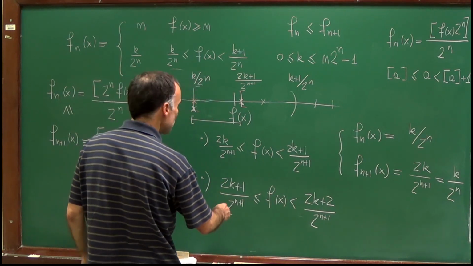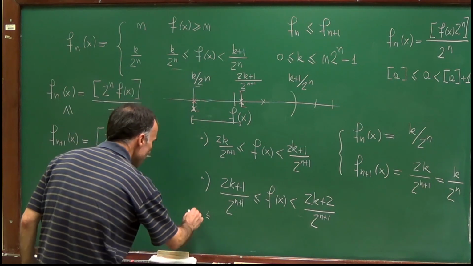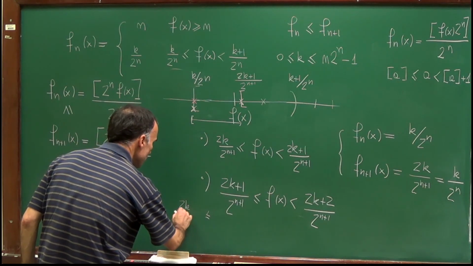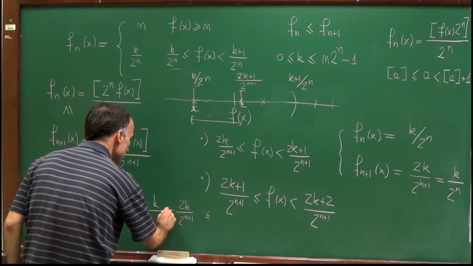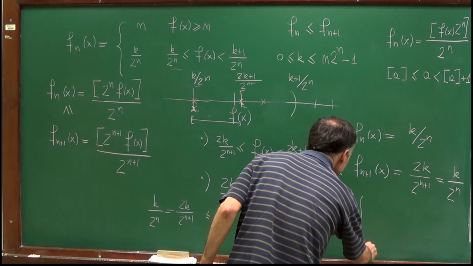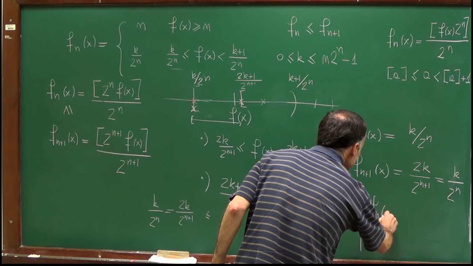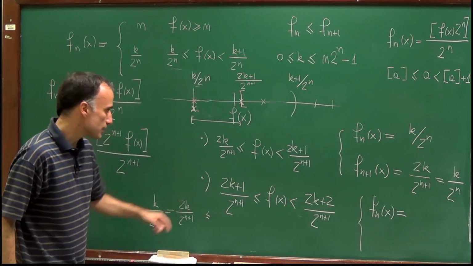And of course, (2k+1) is greater or equal than 2k divided by 2^(n+1), which can be written as k divided by 2^n. So let's compute f_n of x in this case.